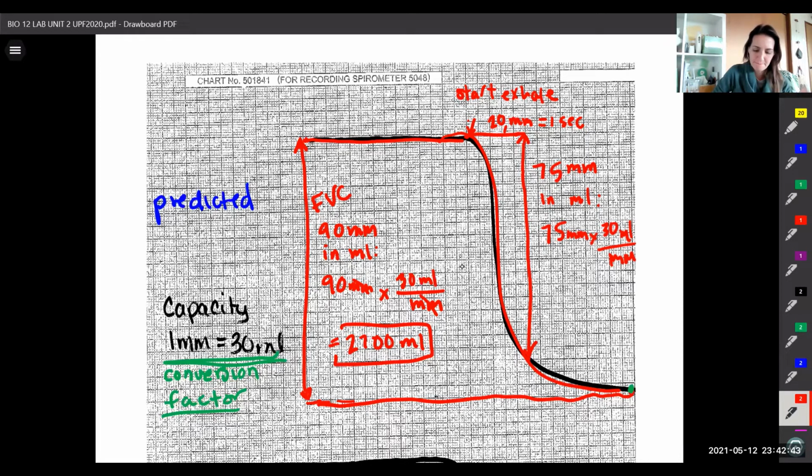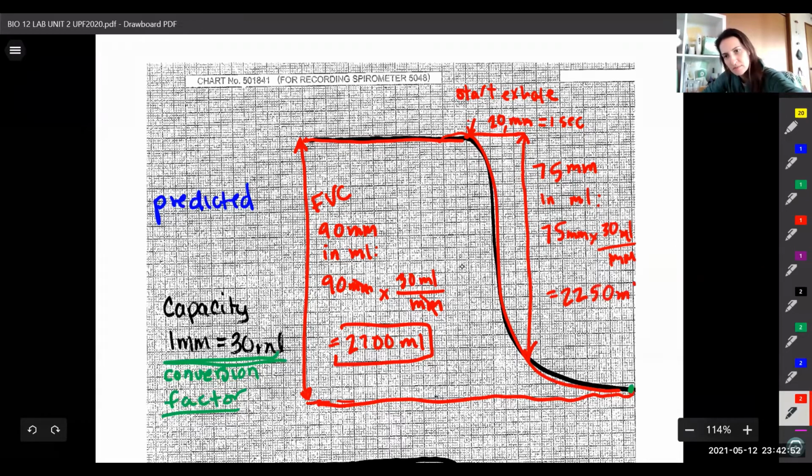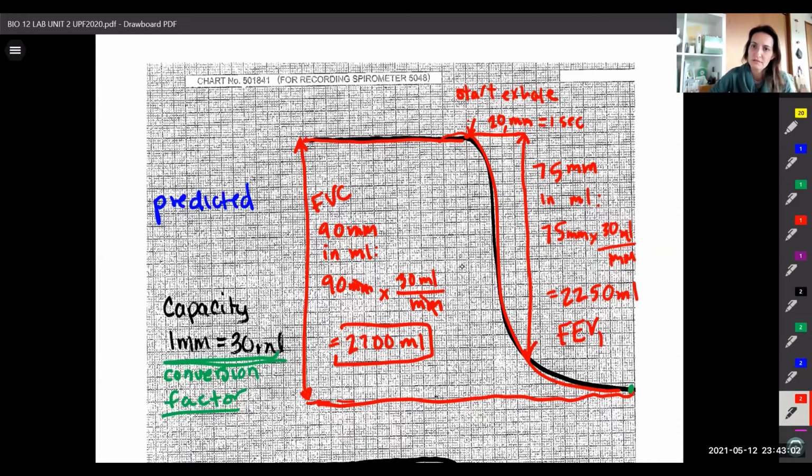Do the math and it's 2250 milliliters. And this is my FEV1, forced expiratory volume in that first second.